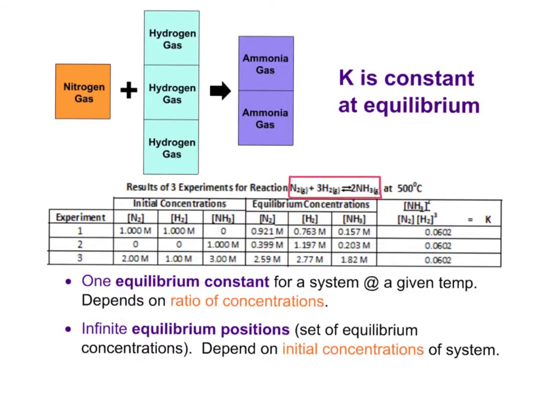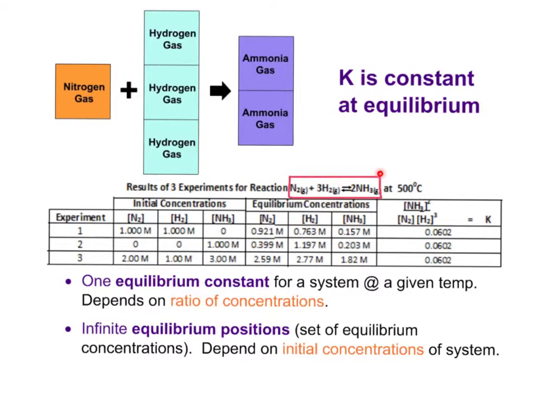N2 plus 3 diatomic hydrogens give us 2 ammonia molecules at 500 degrees C. Now, keep in mind, this is at a particular temperature. If we change the temperature, we're changing the energy that we're putting into that system, and our equilibrium constant will change. But at 500 degrees C, for this reaction, we can do several different experiments.